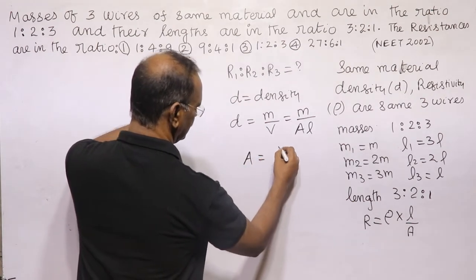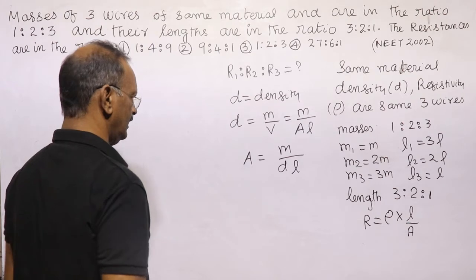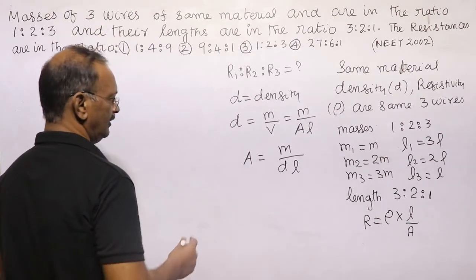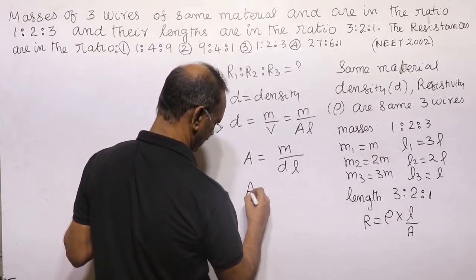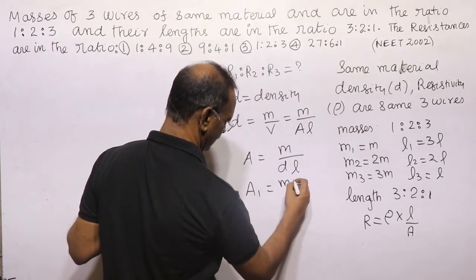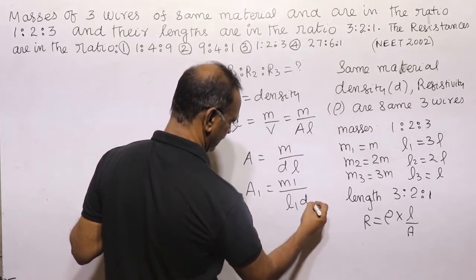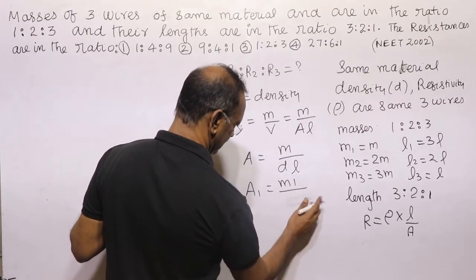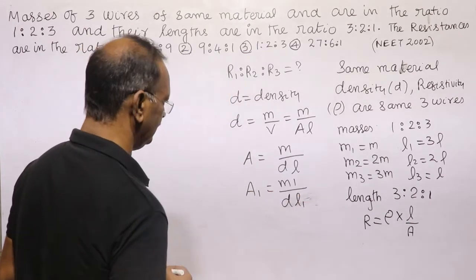Area is equal to mass divided by density into length. It means A1 is equal to M1 by D L1. Density is the same, and so on. So the area we have found out.